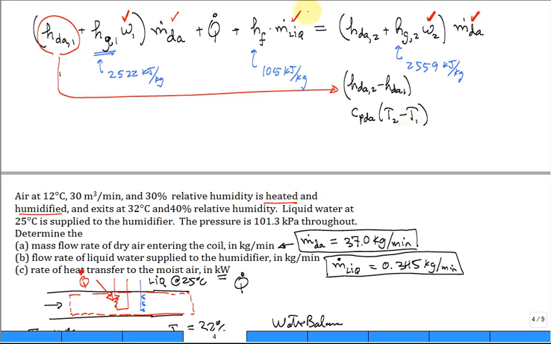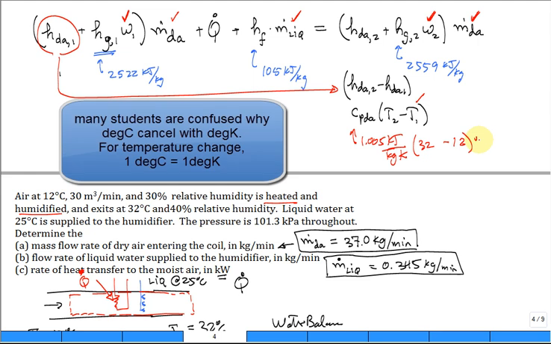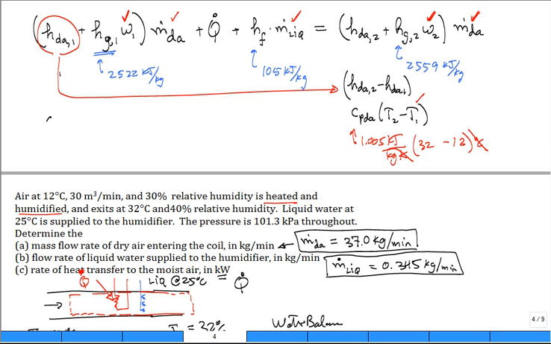C sub P, 1.005 kilojoules per kilogram Kelvin or degree C, times the change in temperature. You know the two temperatures. It comes in at 12 and goes out at 32 degrees C. Degrees C and Kelvin cancel because it's a temperature change. All right, so we can now calculate Q dot, and we find that Q dot's equal to a total of 26.5 or 26.6 kilowatts.